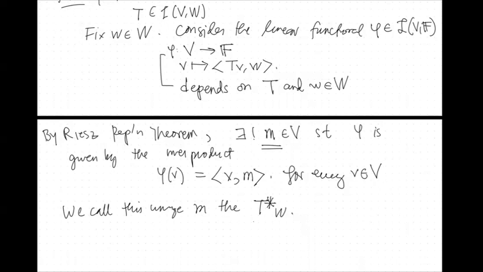In other words, this is the unique vector such that the inner product of T v and w is equal to the inner product of v and T star w.